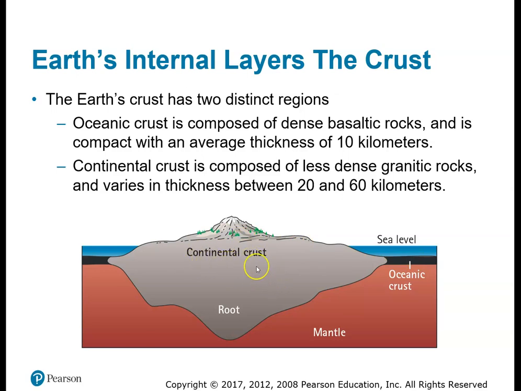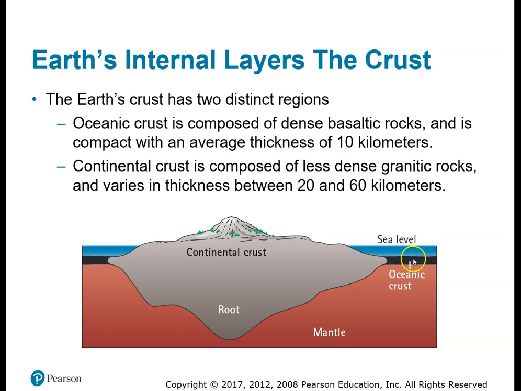I hope you remembered that. And then the ocean crust, which is made of, you hopefully remember that, basalt, right? The basalt is slightly more dense than the granite, and so the entire continental crust will generally ride above where the bottom of the ocean is, right?